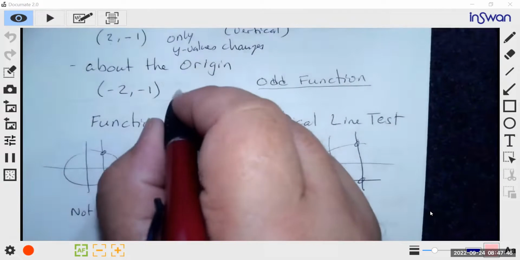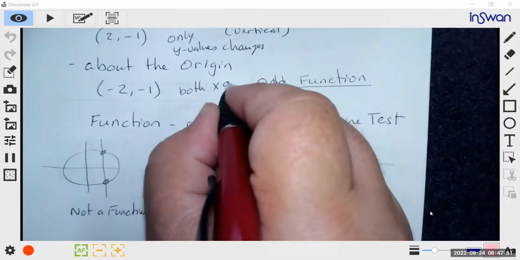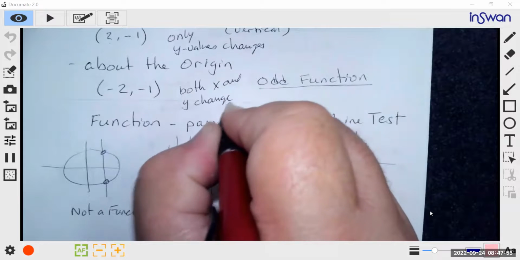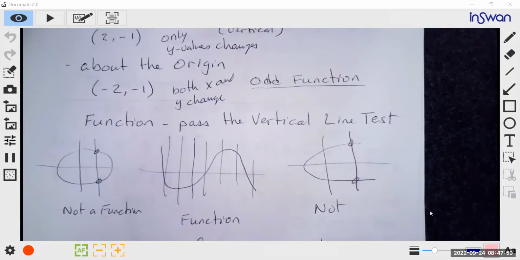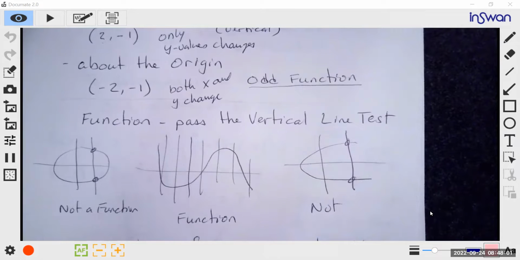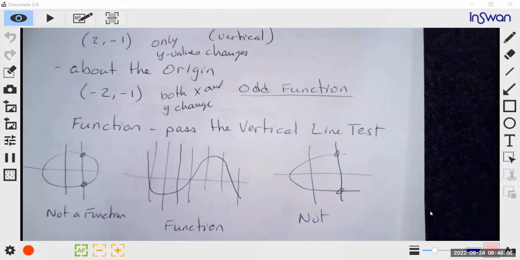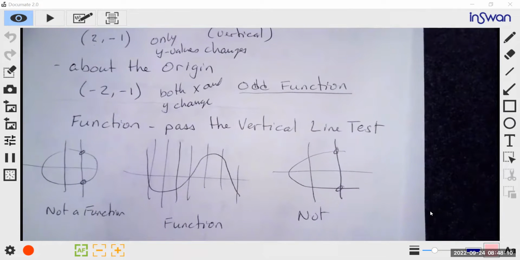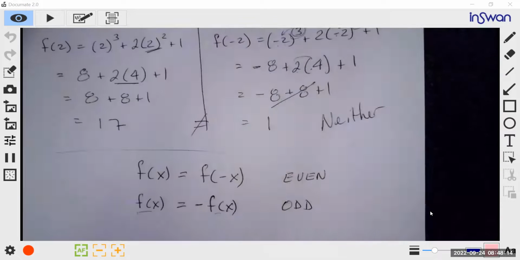And if it's across the origin, both x and y change signs. All right, that's symmetry. All right, so what we're looking at is what the graph's going to look like.